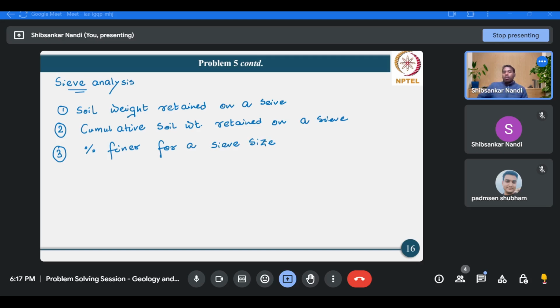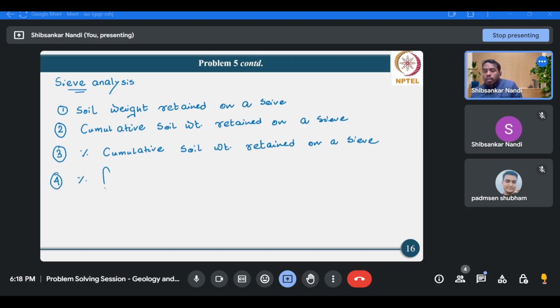Okay, before calculating this percentage finer, we need to calculate the percentage cumulative soil weight retained on a sieve, with respect to the total, and finally the percentage finer for a sieve size.